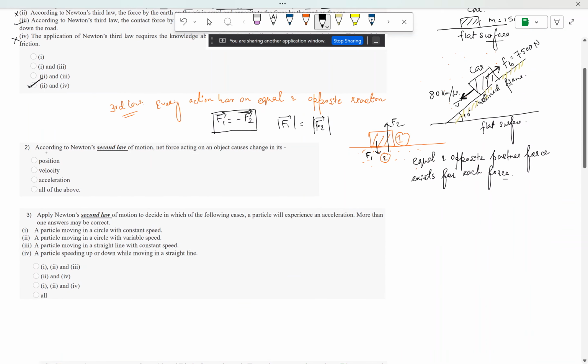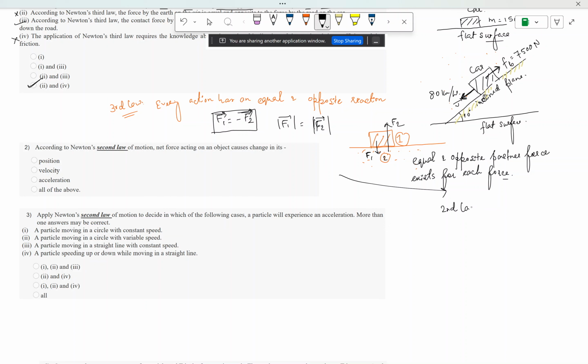Now question number 2. According to Newton's second law of motion, net force acting on an object causes change in its, and you have to choose which of the four options is true. So first of all, what is Newton's second law of motion? Let us quickly recapitulate.